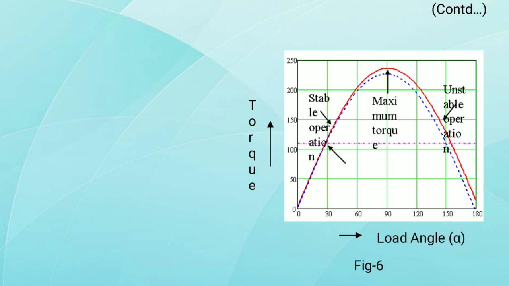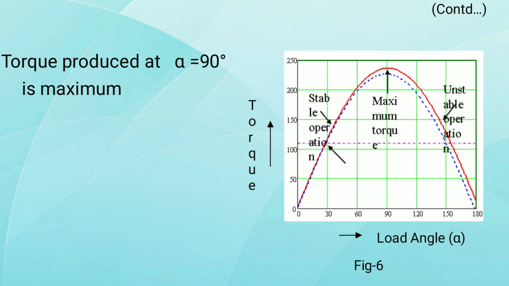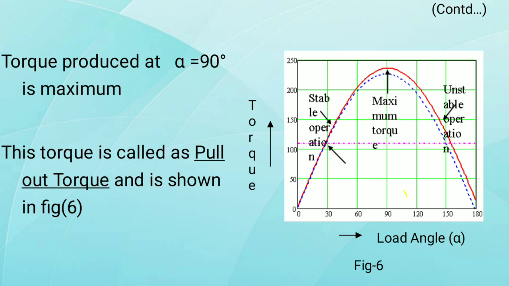The torque produced at alpha equal to 90 degrees is maximum. This torque is called the pull out torque, as shown in the figure.